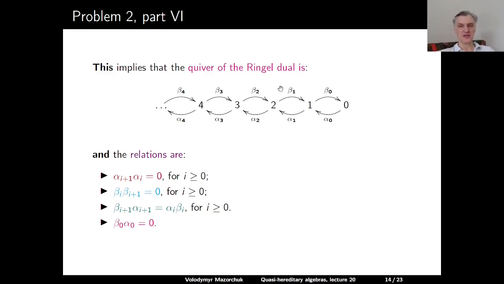And finally, we have the additional relation that beta 0 after alpha 0 is 0. That's a description of our Ringel dual via quiver and relations. So this completes problem 2.